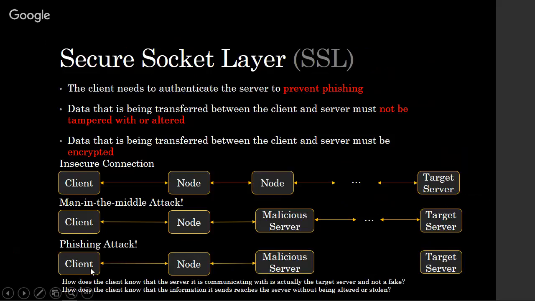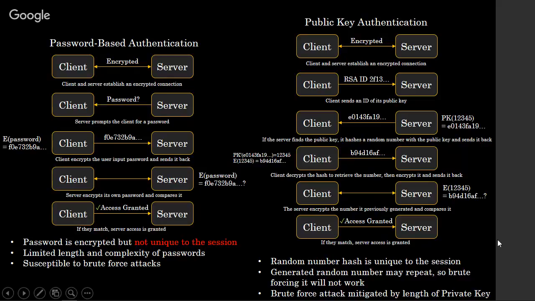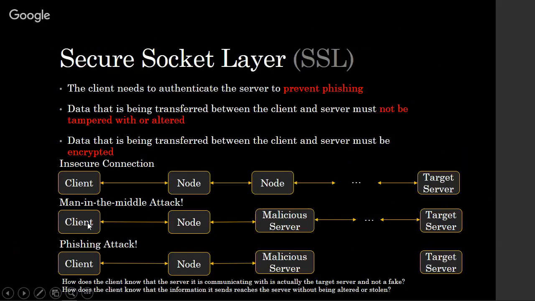So at the end of the day, how does the client need to know whether the target server is authentic? In the previous case, if you talk about SSH, the server needs to know whether the client is authentic. Now, in this case, the client needs to know whether the server is authentic. And this particular case is a lot more complicated.